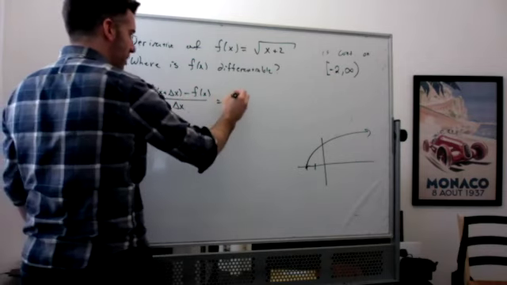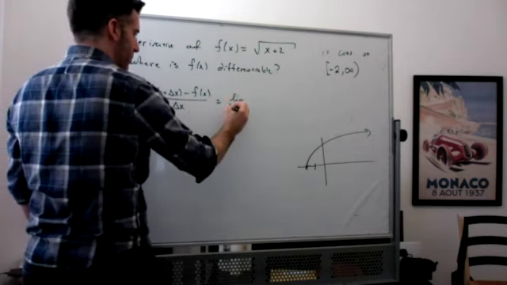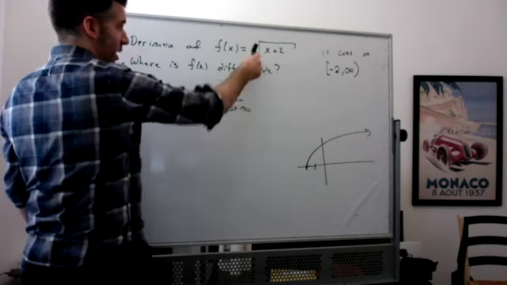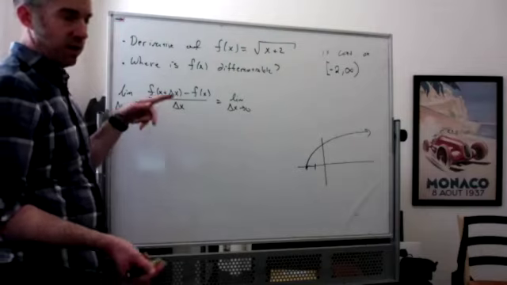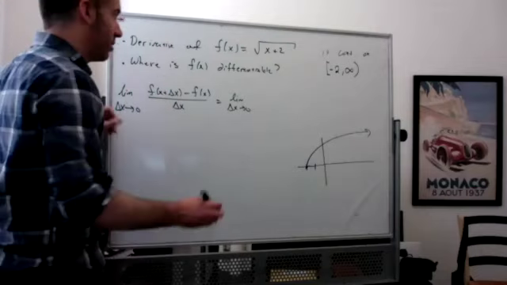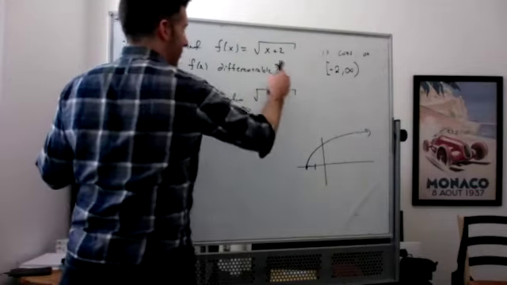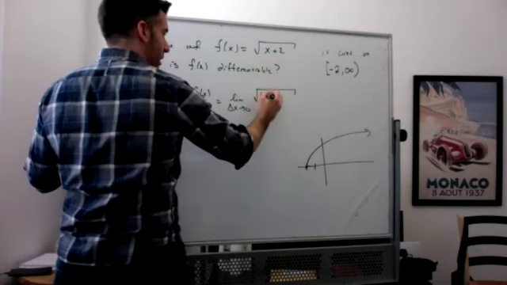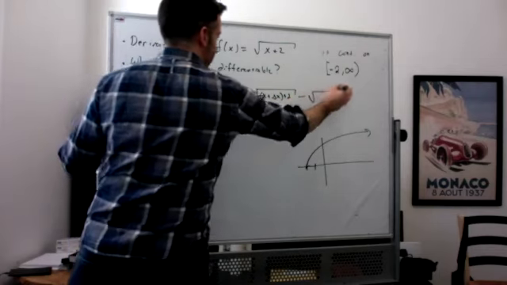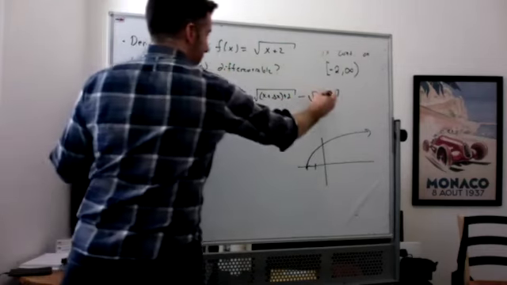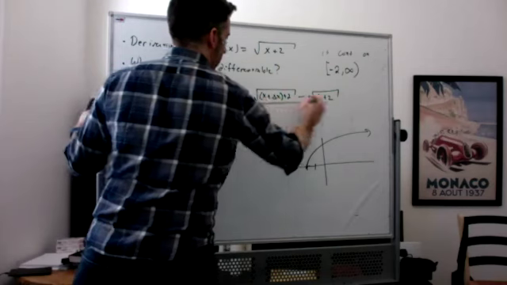So again, we're taking our function and everywhere there's an x, we're putting x plus delta x instead. So it's going to be the square root of not x plus 2, but x plus delta x plus 2, minus f of x, which is just the square root of x plus 2, all over delta x.